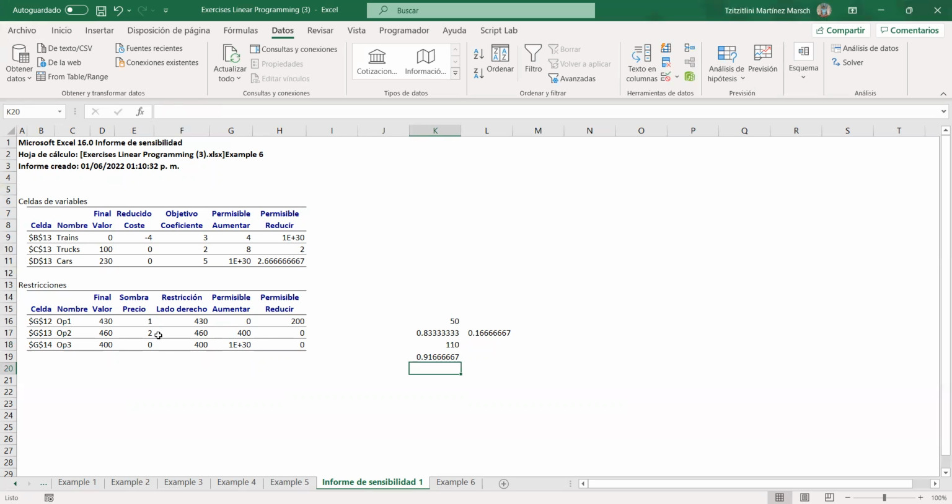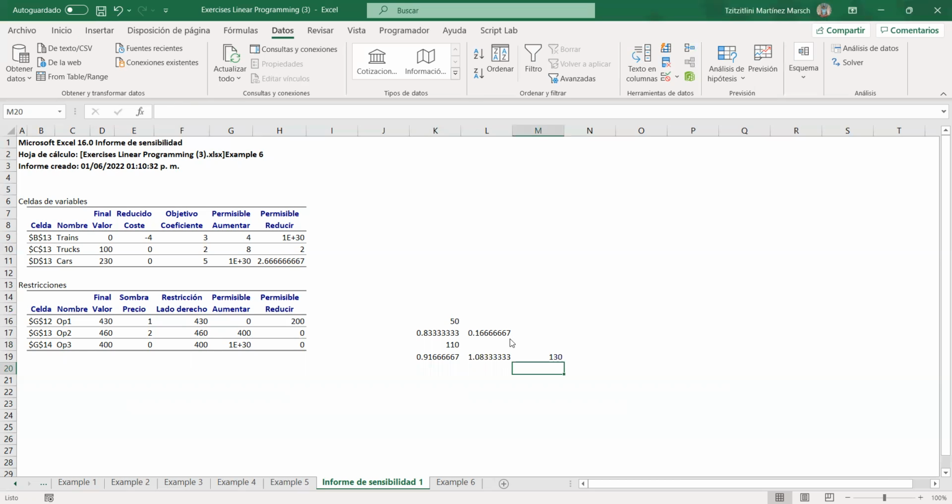But for operation 2, for each minute that I work over this time of the 460 hours, I'm able to get $2. So $2 for every minute minus this means I'm earning a little over $1, which, yes, is advantageous. And that times the 120 minutes is going to give me $130.